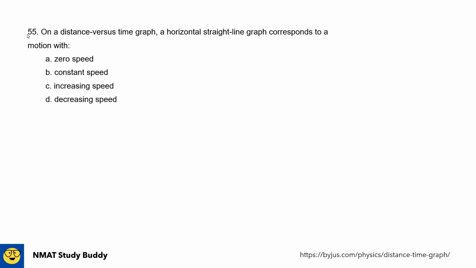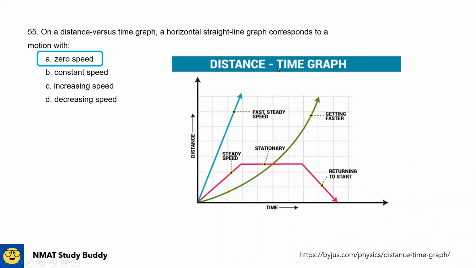Number 55, on a distance versus time graph, a horizontal straight line graph corresponds to a motion with blank. So the correct answer here is letter A, zero speed. As you can see here in this distance time graph, ito yung horizontal straight line graph. So nakalagay dito na stationary or hindi gumagalaw yung object kapag nasa horizontal straight line graph.